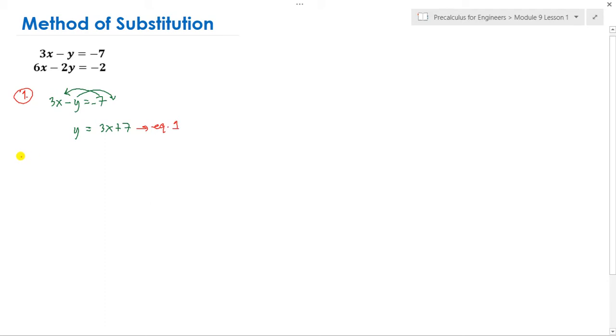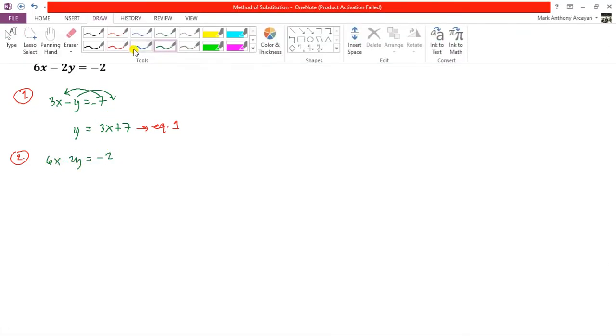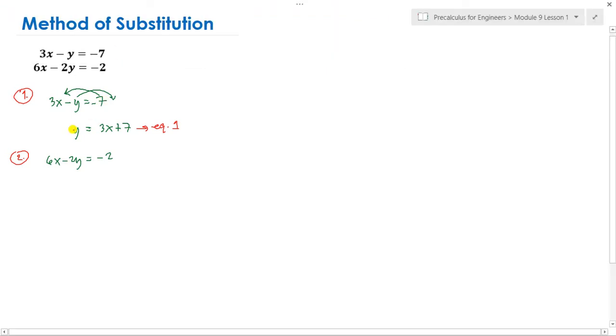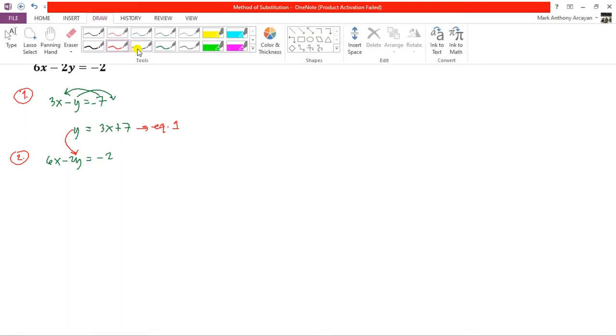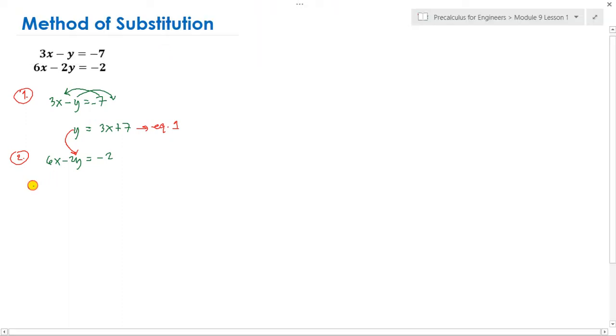So this would serve as my first equation. Second step, go to equation 2. That would be 6x minus 2y is equal to negative 2. Since we already have a value of y in terms of x, we can substitute that into our second equation. So here, this would be 6x minus 2 times 3x plus 7, which is equal to negative 2.